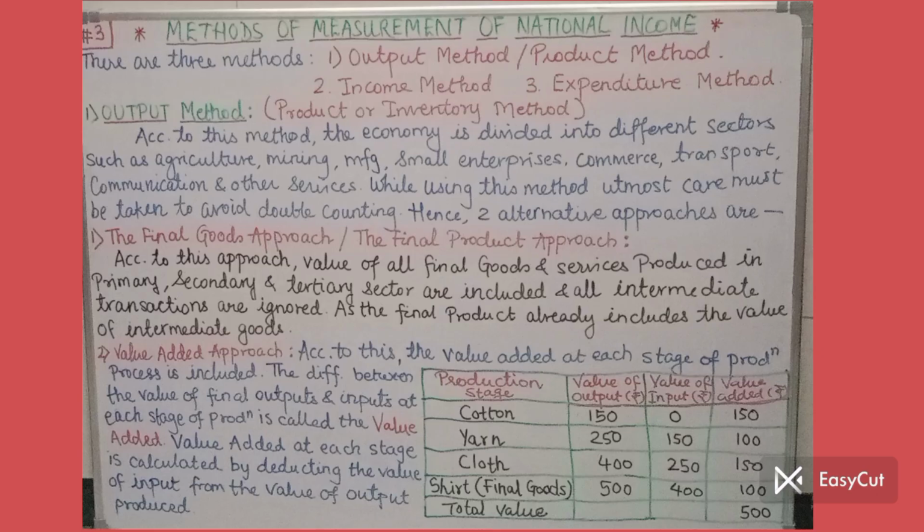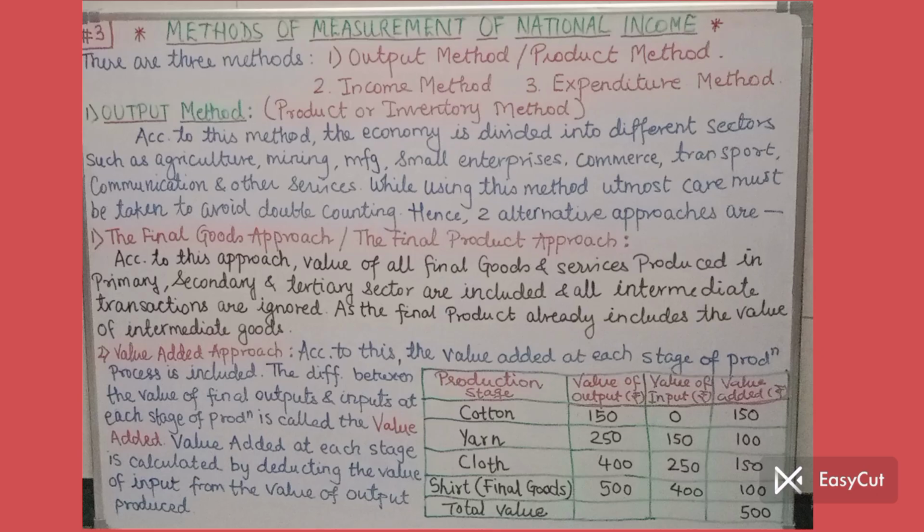That job is undertaken by the secondary sector, and tertiary sector means service sector. I hope you got this point. Whatever is the final output produced in primary, secondary, tertiary sector of our economy, we will add it up and we arrive at the value of national income. This is the final goods approach or the final product approach.